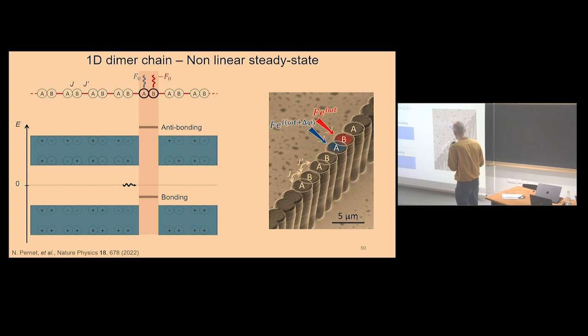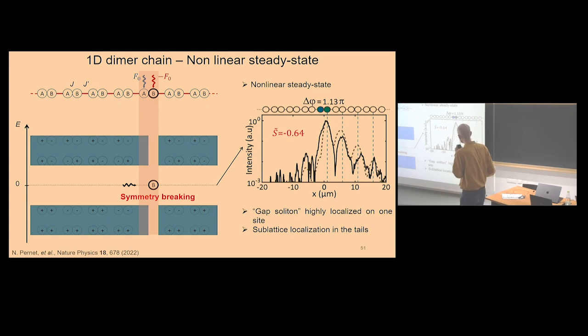And at some point, we reach the situation that I was mentioning earlier, where the bonding state reaches resonance with the laser, and we have this phase frustration. This is the kind of nonlinear steady state that we measure in this configuration when the site really reaches the resonance with the laser.